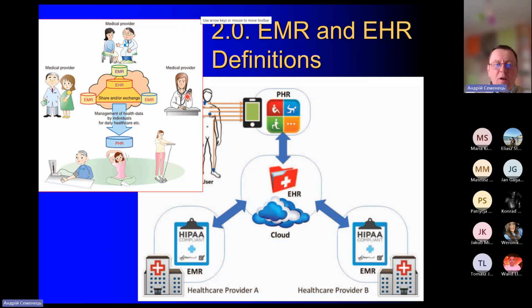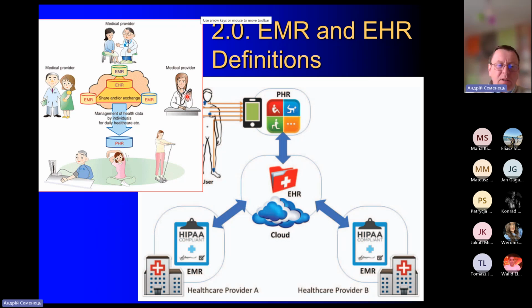And if we have the capacity to integrate all these records related to the same patient, all EMRs created by different providers, in this case we are talking about an EHR, electronic health records, created across all providers, combining all data from different providers.